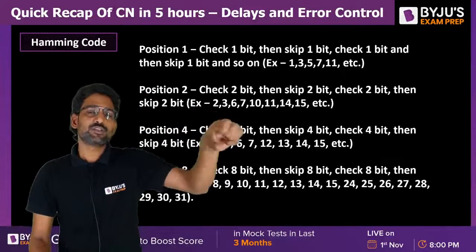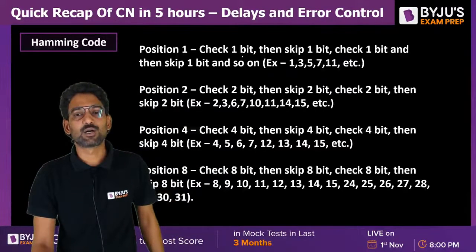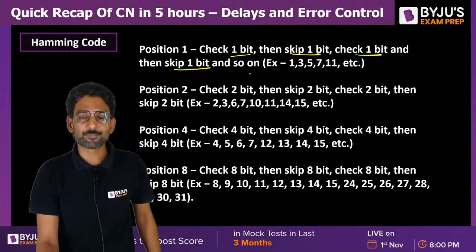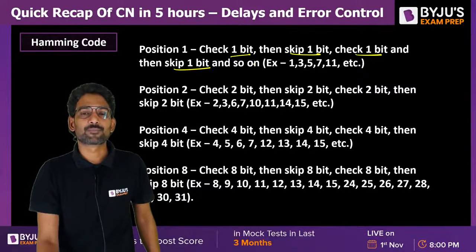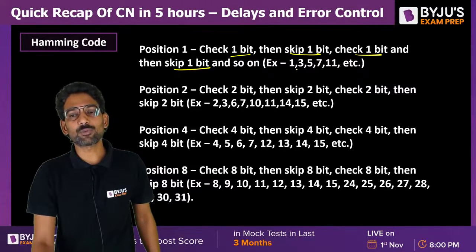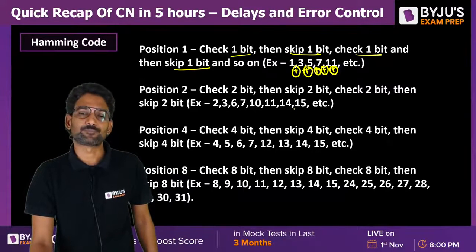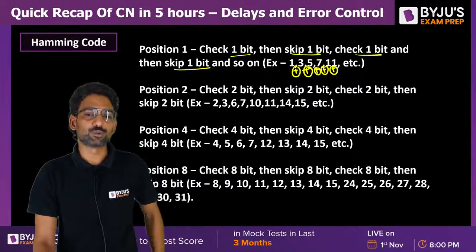The first position bit you calculate, how? Check 1 bit, skip 1 bit. Check 1 bit, skip 1 bit. That means you do XOR between these position values. Now position 2.